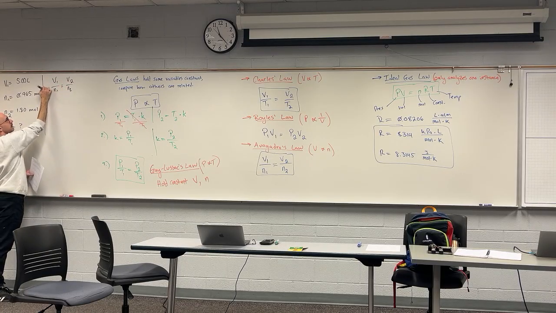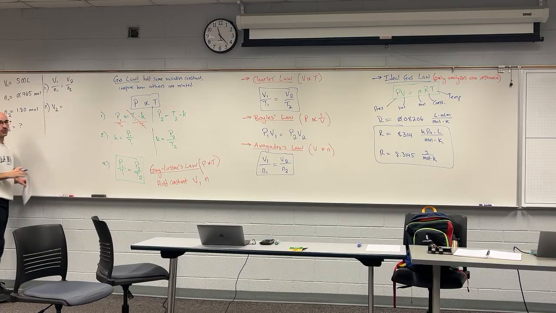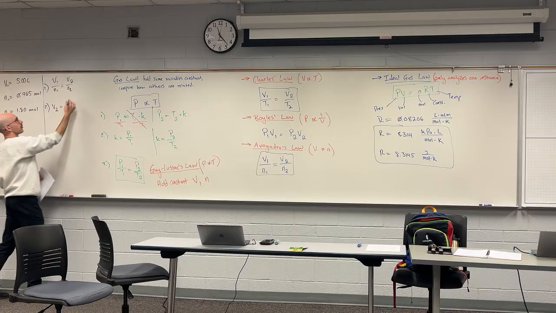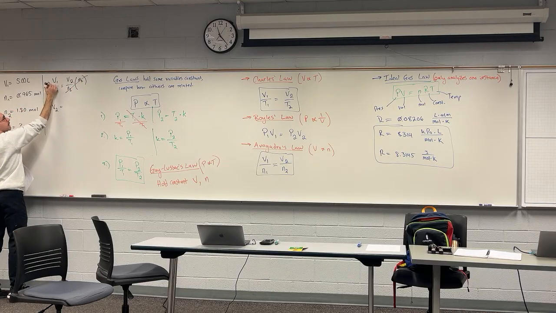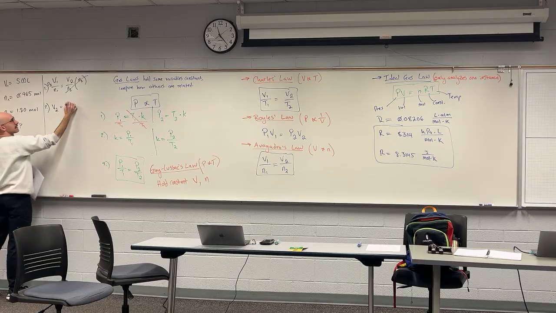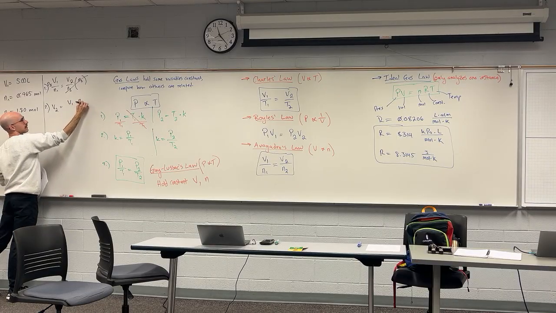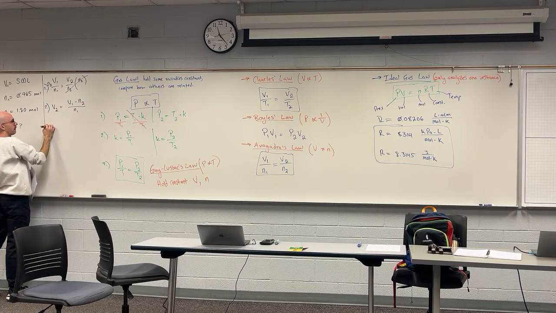And I'm doing this so that I can get my equation to look like V2 equals. That's why I'm doing this. V2 equals. And again, if I multiply by N2, then N2 cancels on the right-hand side. I get V1 times N2 over N1.